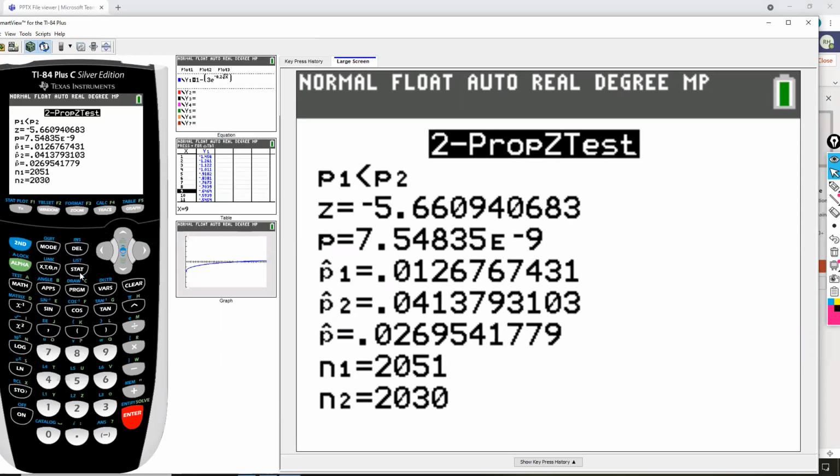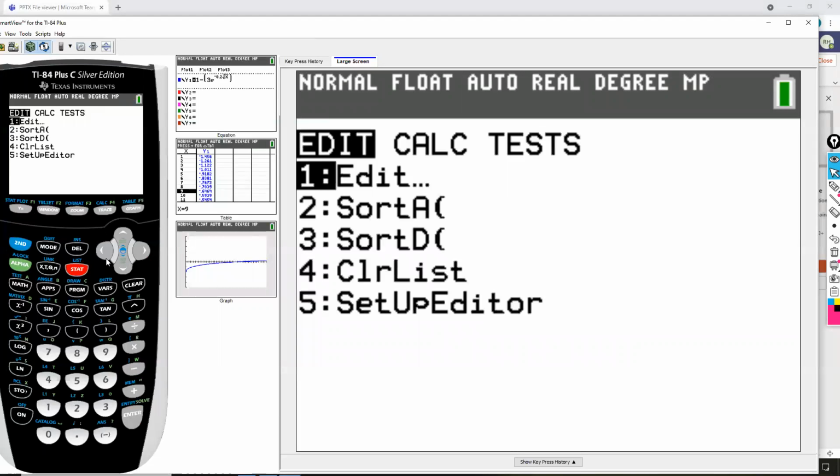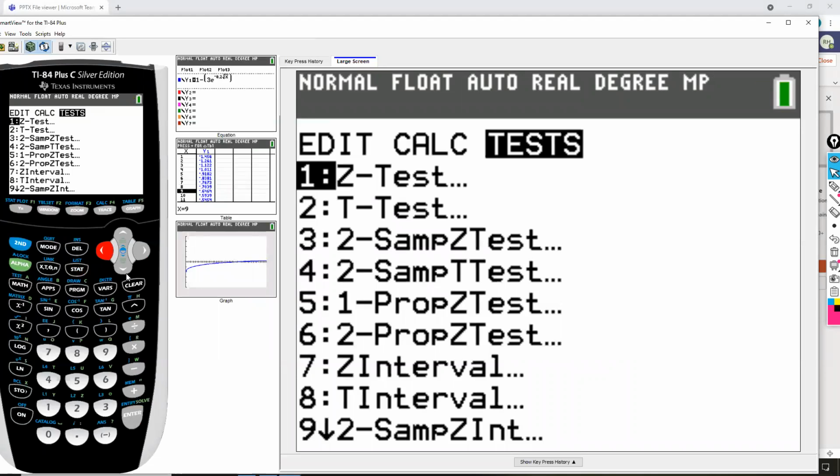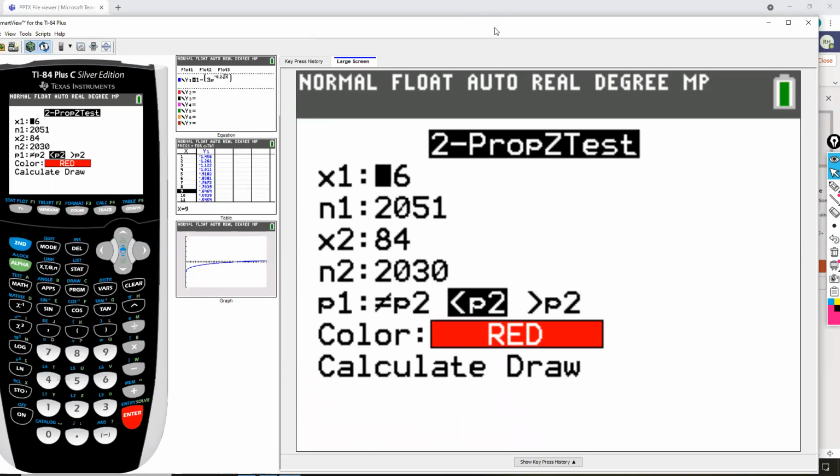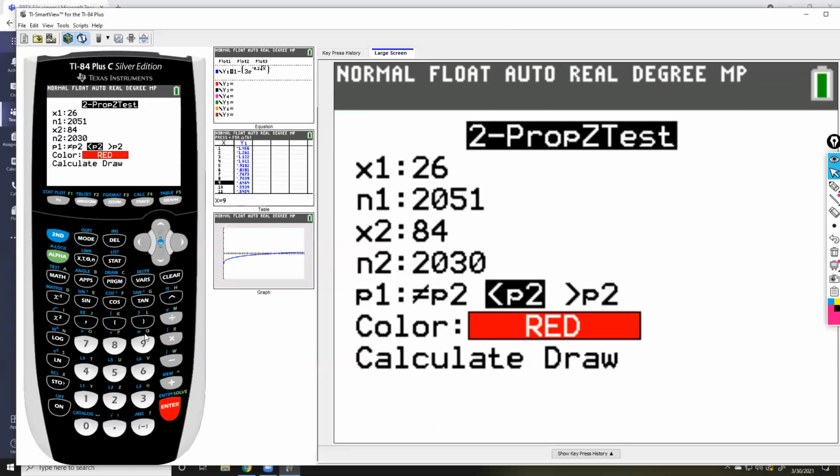Oh, wait, that's not right. I put something in wrong. Hold on. I find, I fix. 56. Yeah. There it is. Sorry.